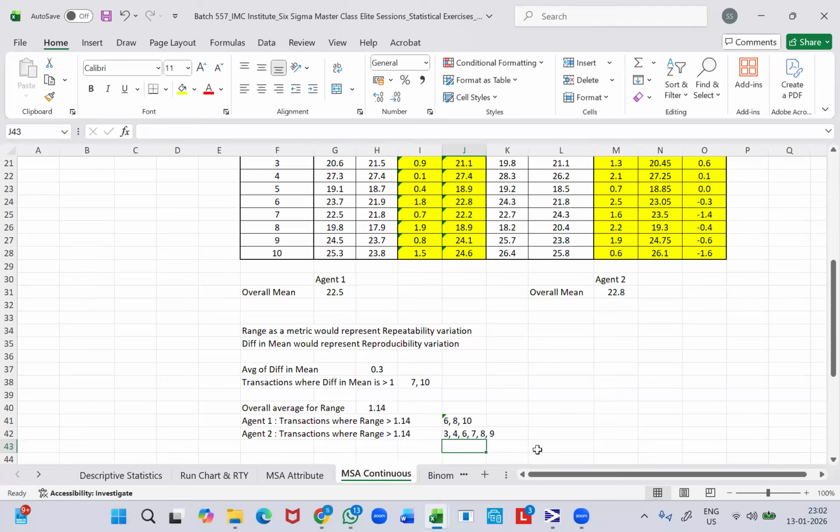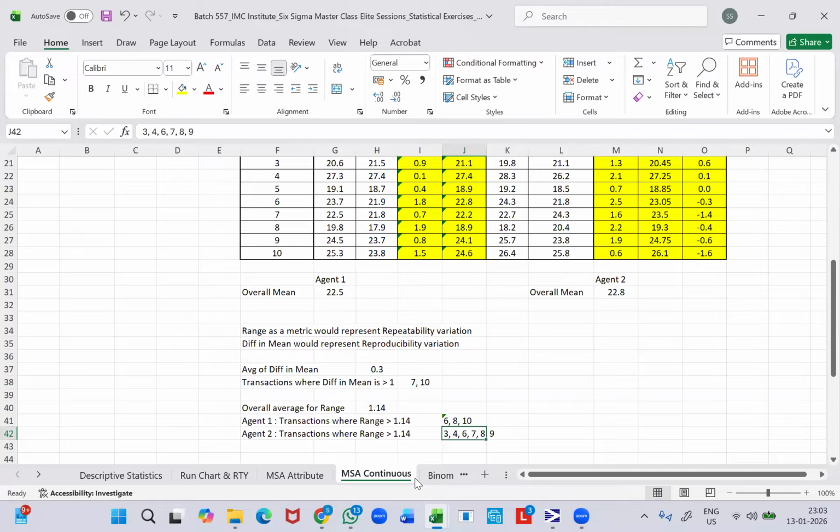So looking at this, we can clearly understand that the repeatability variation seems to be much higher than the reproducibility variation, because the differences in the mean is only 0.3. But if you look at the average of range, which represents the repeatability variation, it is 1.14. And we have many transactions pertaining to both agents where the range values are in excess of this overall average of 1.14.